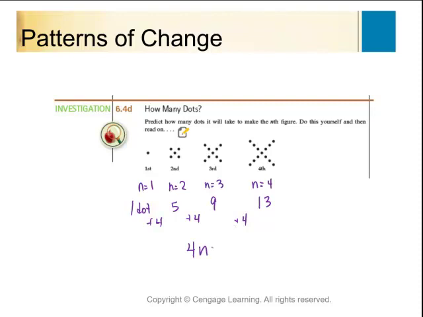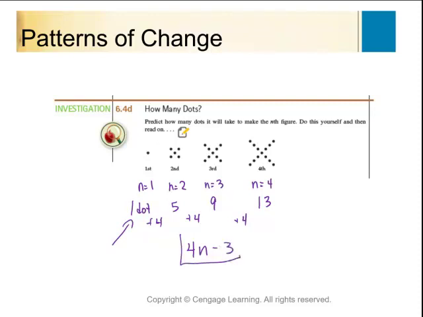So let's look at what happened. I have 4 times n because it increases by 4. That's the slope every time. But I started off with 1. So if n is 1, I need a 1 dot. So I am going to subtract off 3 is what I think it's going to be.